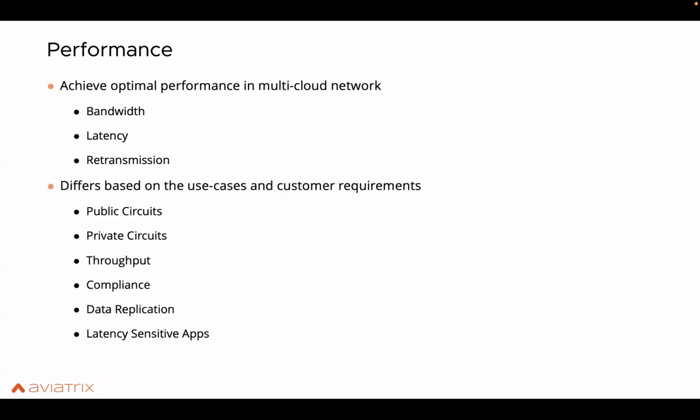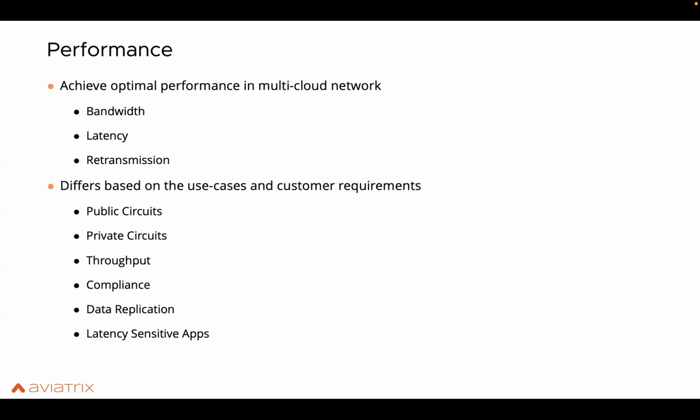Some other areas are heavily dependent on the use cases and the customer requirements. Performance is not like 0 or 1, it's not a binary thing. Performance means different things to different people based on the use cases and the business and technical requirements. For example, if you only have the option of a public circuit, then you understand your performance is going to take a hit, right?